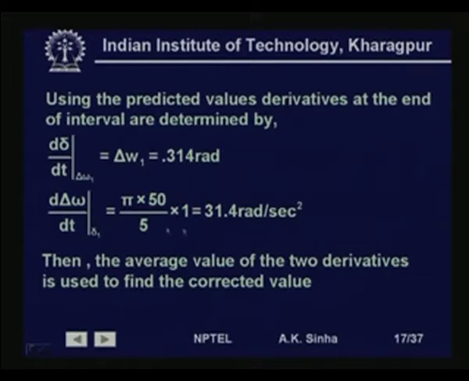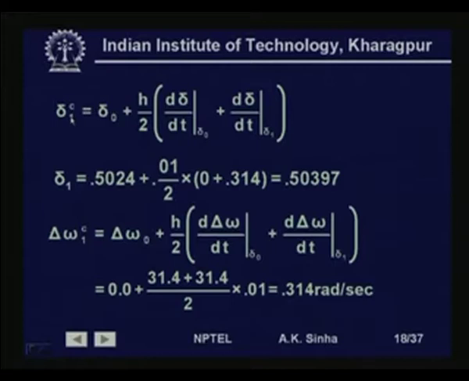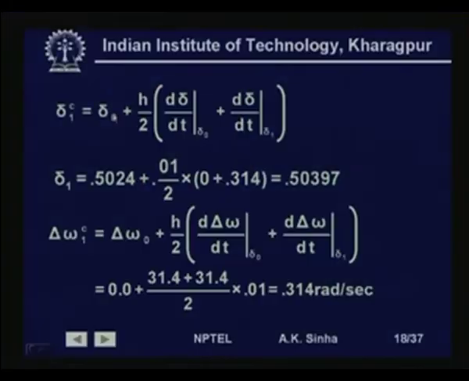Now, we can take the average values of the two derivatives and find the corrected value using the modified Euler's method. So, the corrected value at the first time step, which is at time 0.01 second, is equal to delta 0 plus h by 2, where h is the time step that we are using. So, this is delta t by 2 into d delta by dt at delta 0 plus d delta by dt at delta 1.